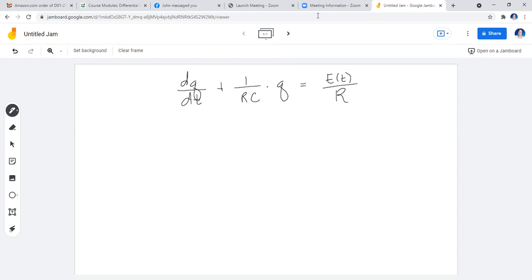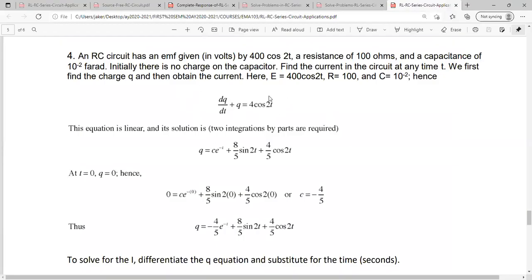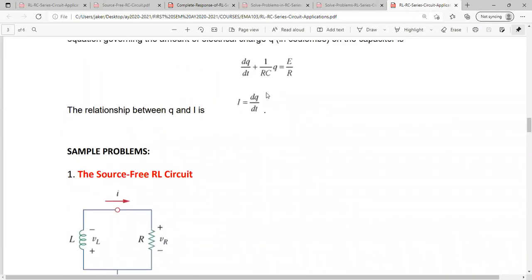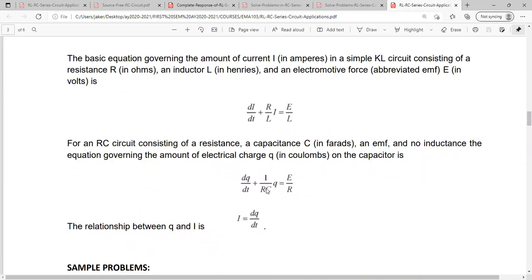This is our model DE as shown to you. This is the model DE that I started with.